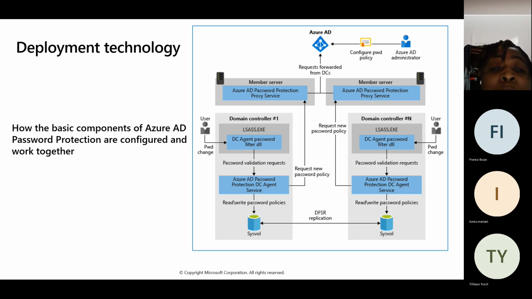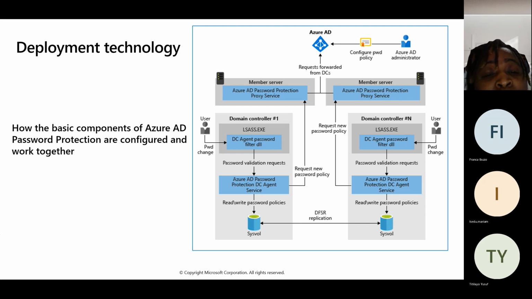Ideally, in an on-prem environment, for you to be able to enforce Azure AD password protection, what you would do is install, on your on-prem domain controllers, what we call the Azure AD password protection agent. You install it on domain controllers, right?